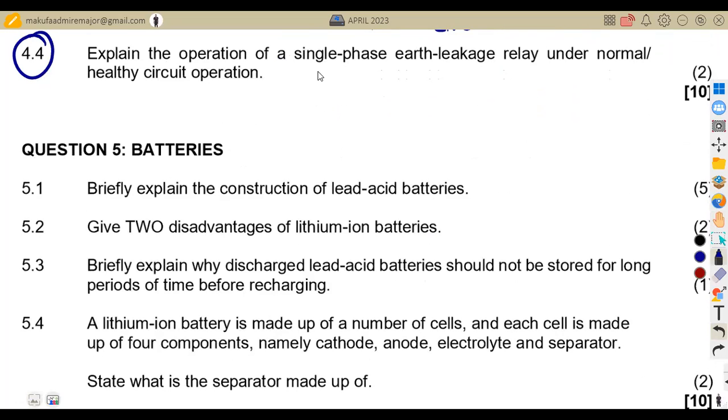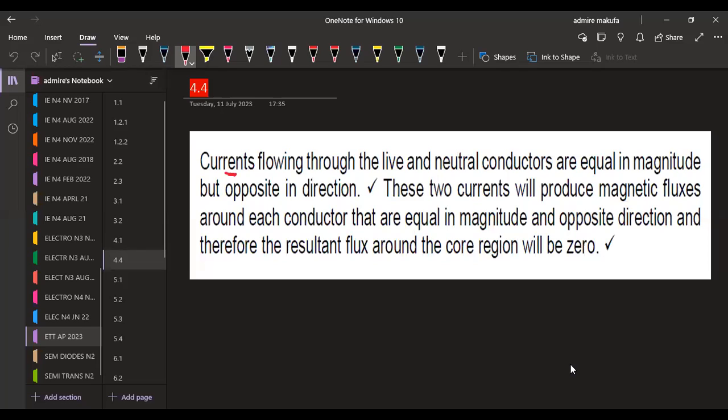4.4, explain the operation of a single phase earth leakage relay under normal healthy circuit operation. What will be the operation of a single phase earth leakage relay? Take note, under normal or healthy circuit operation. It follows that the currents flowing through the live and the neutral conductors are equal in magnitude but opposite in direction.